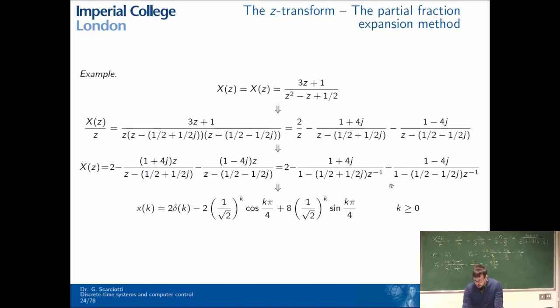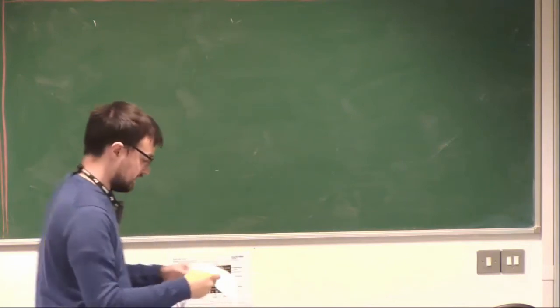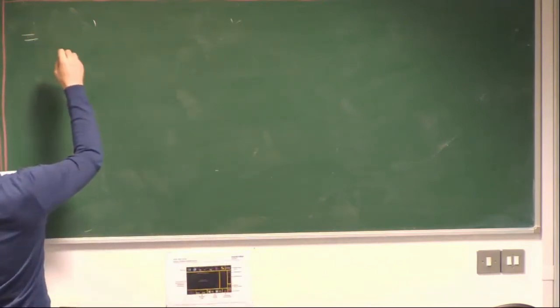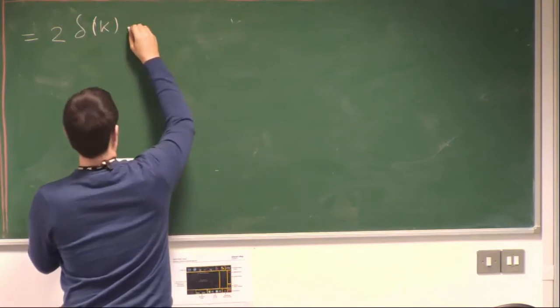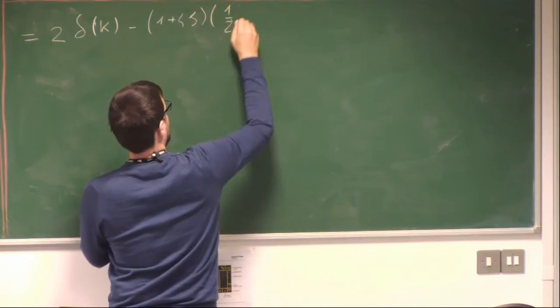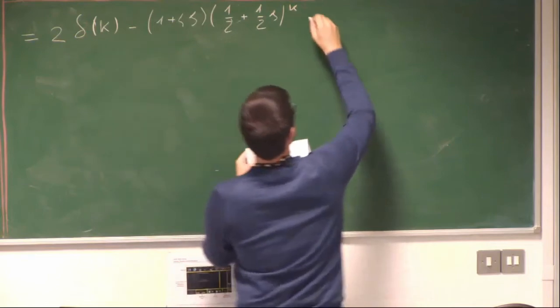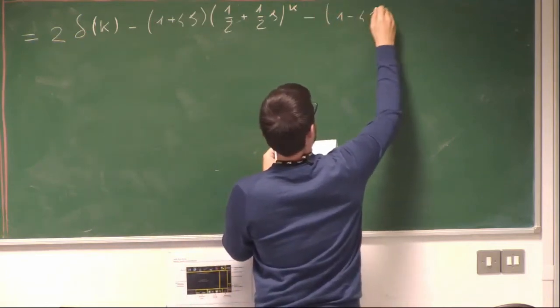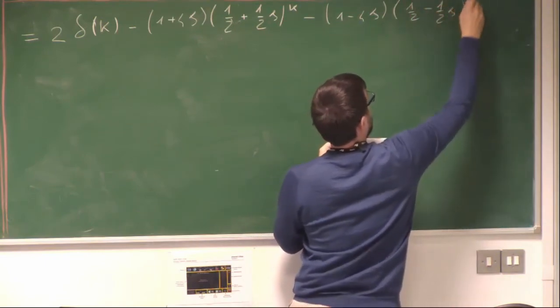Now, from this expression we want to obtain the sequence, and let's do this at the board to see how we obtain this. By reading the expression on the slide, we know that the sequence will equal 2 delta k, minus 1 plus 4j times 1 over 2 plus 1 over 2j to the power k, minus 1 minus 4j times 1 over 2 minus 1 over 2j to the power k.